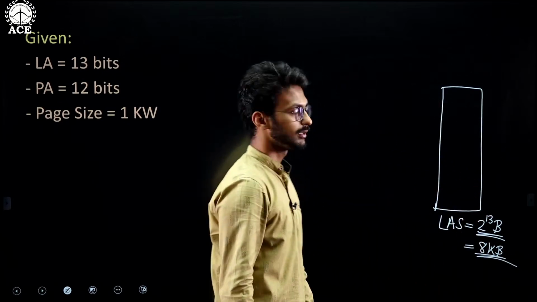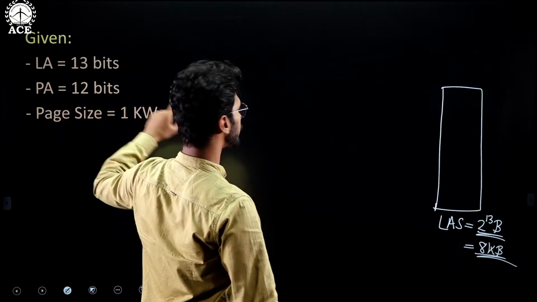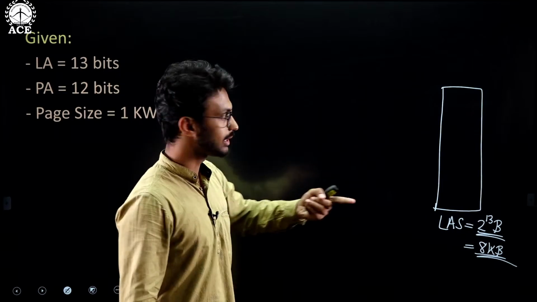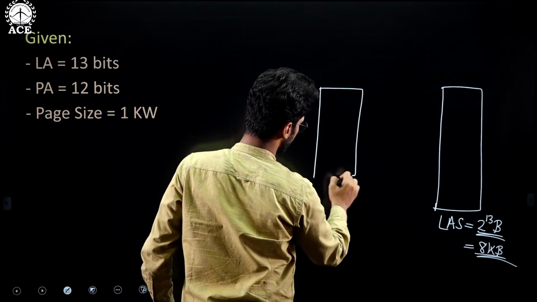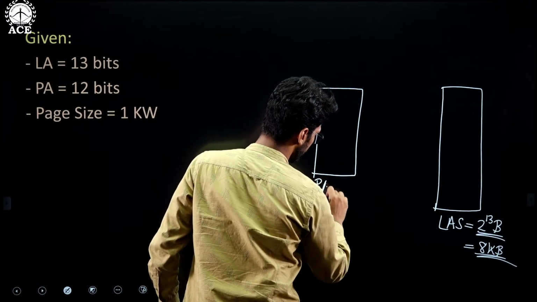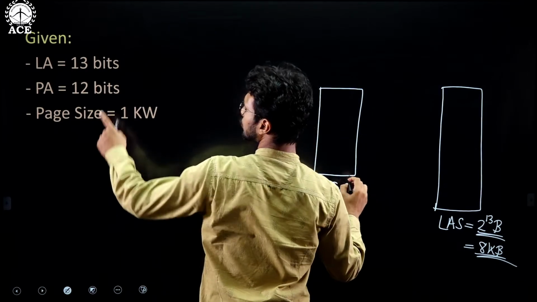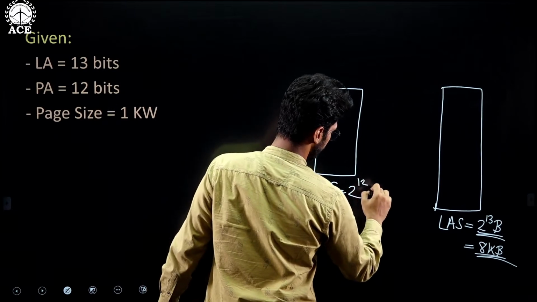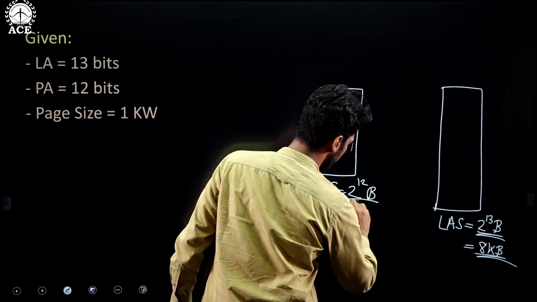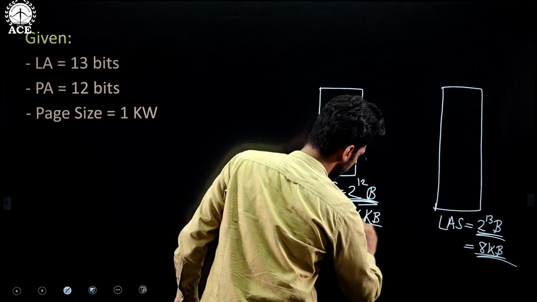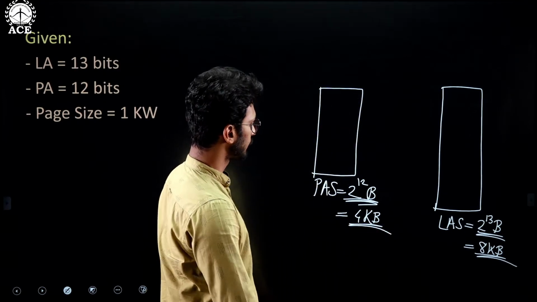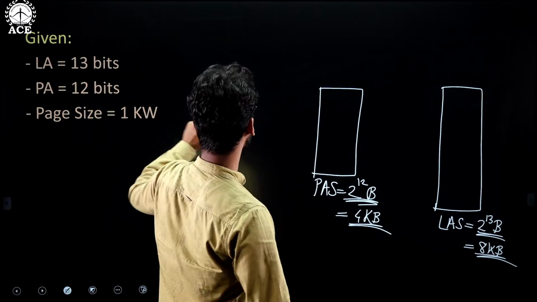Done. Next, physical address is of 12 bits. So what will be the physical address space? Let me draw the physical address space. It is 2 raised to 12 bytes, that is 4 KB. Done. Page size is 1 kiloword.